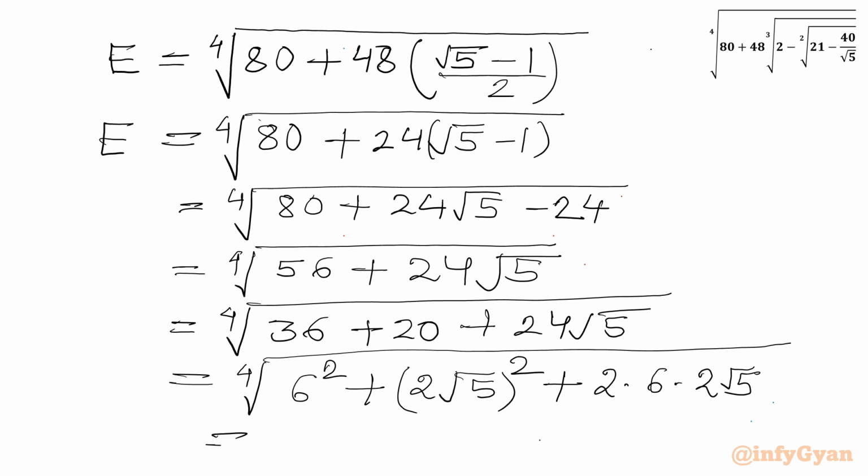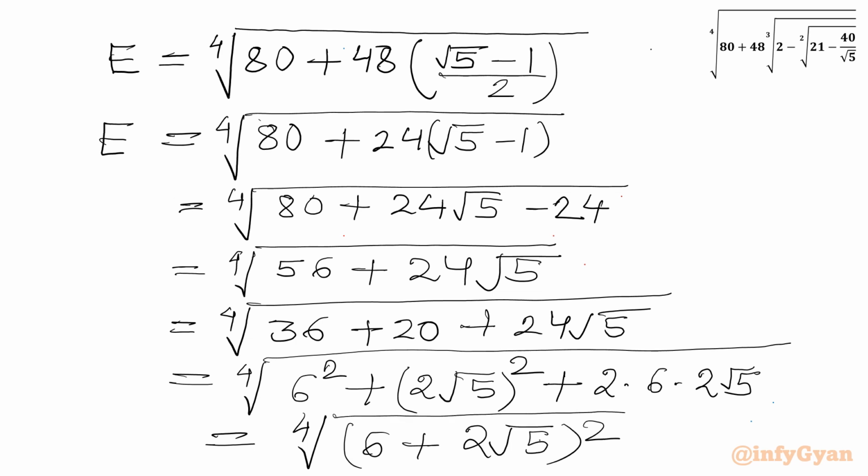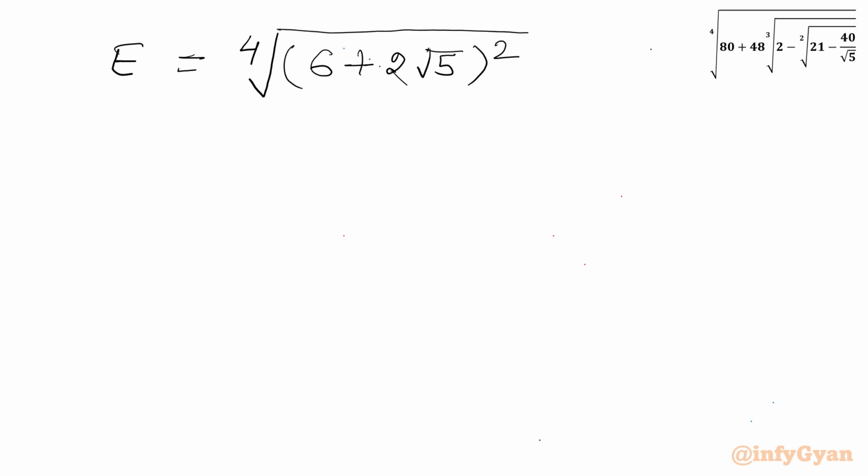So this will give us the 4th root of (a plus b) whole square, so (6 plus 2 root 5) whole square. Let me write here: expression E equal to the 4th root of (6 plus 2 square root 5) whole square. Now the 4th root and square will be over. It will be left only a square root, so 6 plus 2 square root 5.